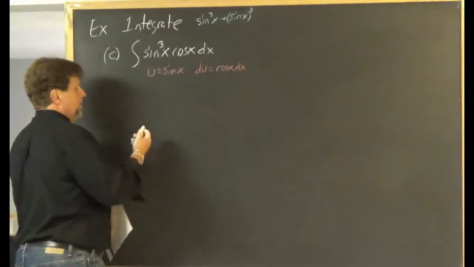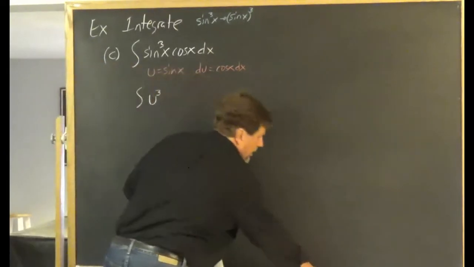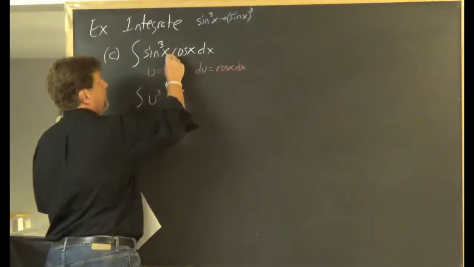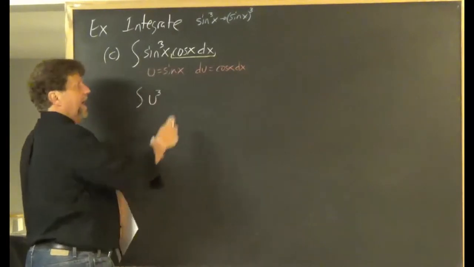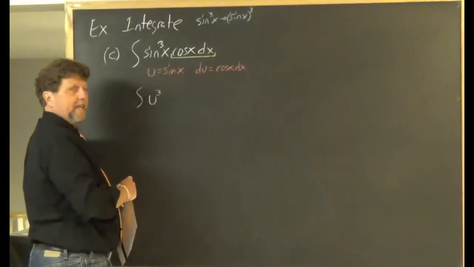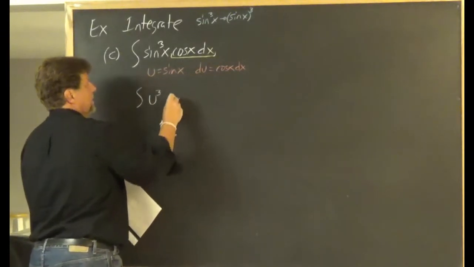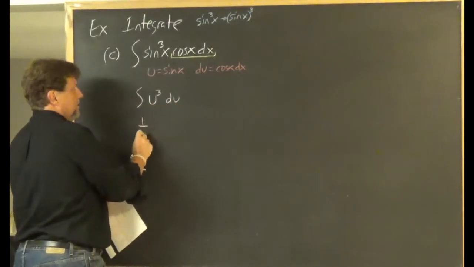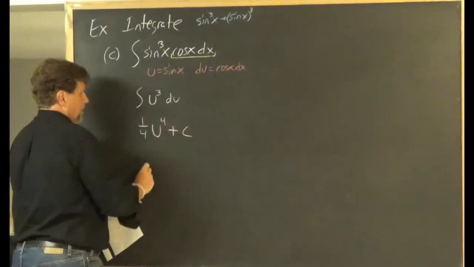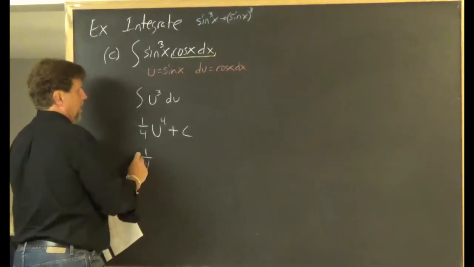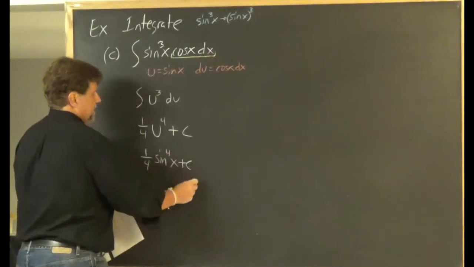So I substitute in for my u, and I have a u cubed, and what do I have left? I have left cosine x dx, and hey, how about that? Du equals cosine x dx. So I just substitute du in for cosine x dx. Pretty friendly. Antiderivative is 1/4 u to the 4th. Resubstitute, and we get 1/4 sine to the 4th x plus c.